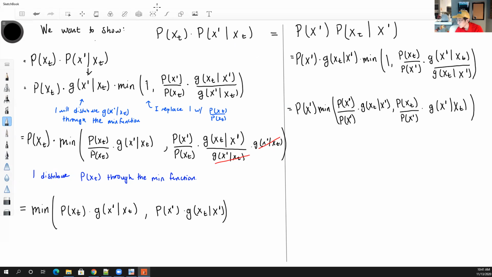So this part will cancel. Distribute this, and this will be replaced with probability of x prime divided by probability of x prime. Now I'm going to distribute this.